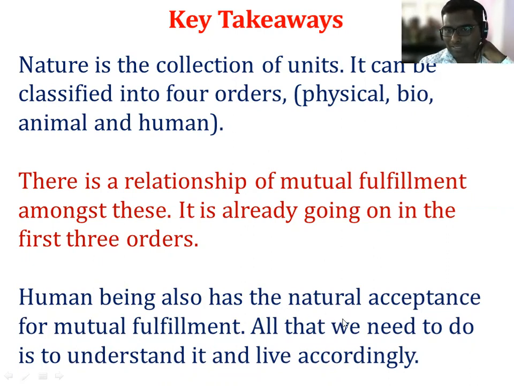That means our natural acceptance is also telling us that we need to be connected with those 3 orders. But we actually forgot these things. All that we need to do is to understand it and live accordingly. And that is nothing but the meaning of being in harmony with nature.